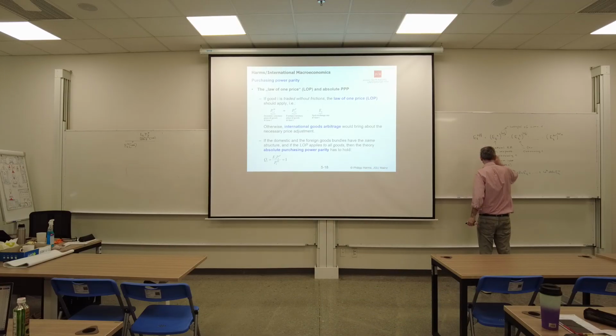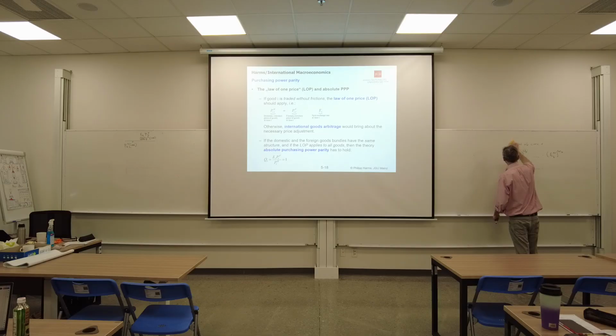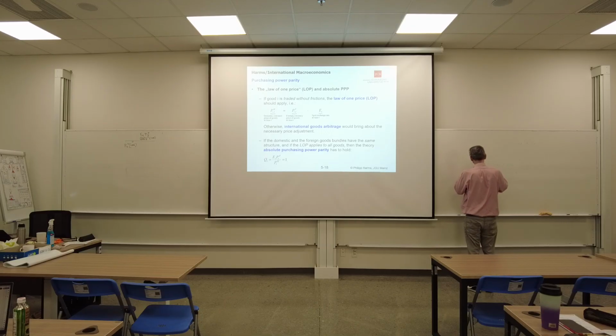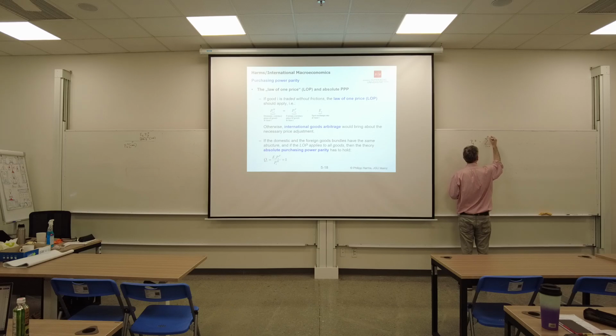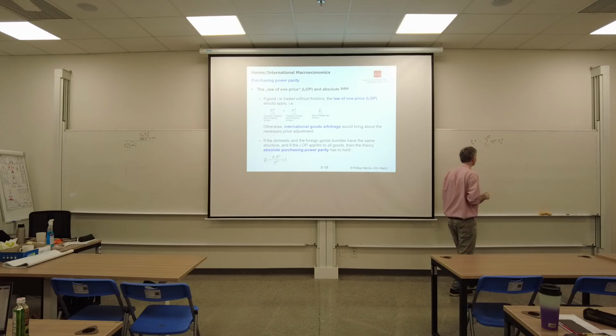So, this is the domestic price level, which is the arithmetic mean, sum over i running from 1 to N_H, of phi_i^H P_it^H.